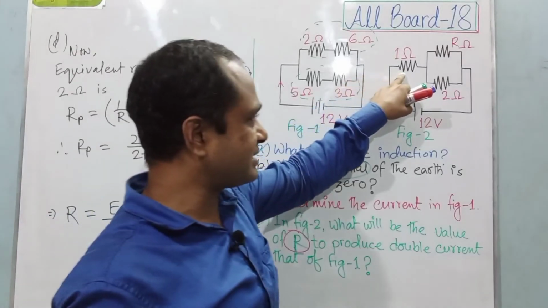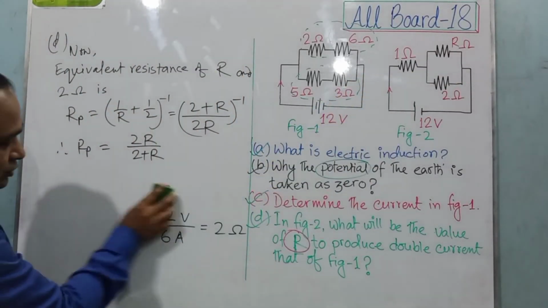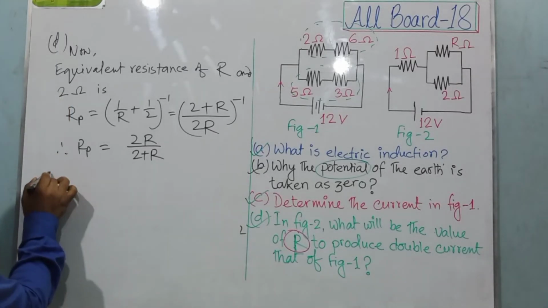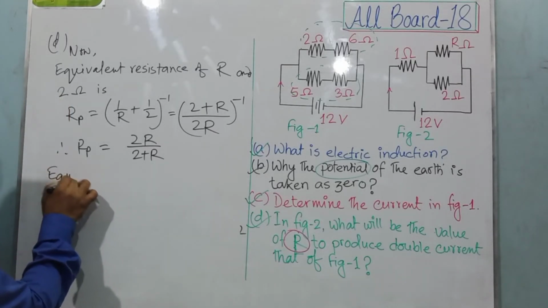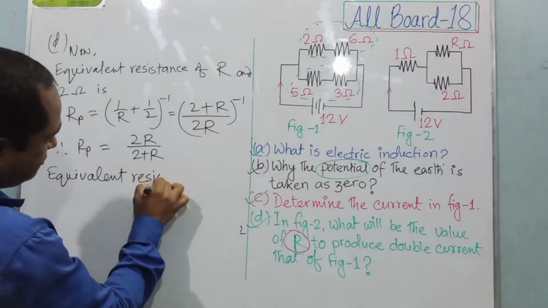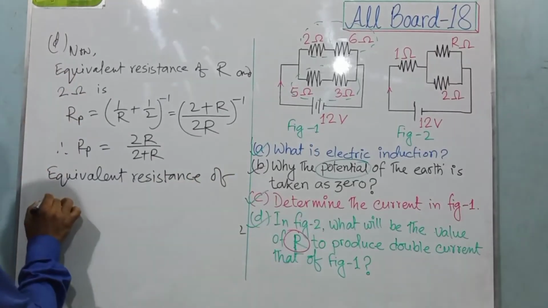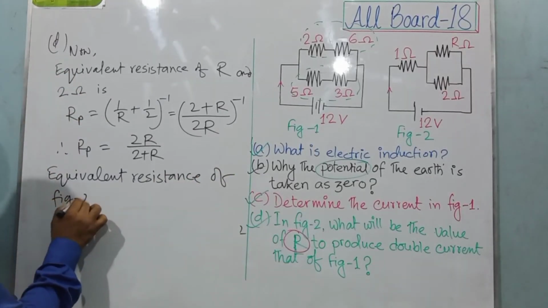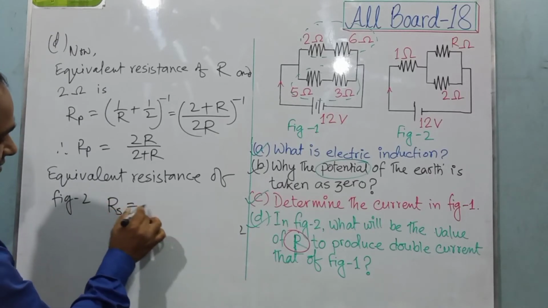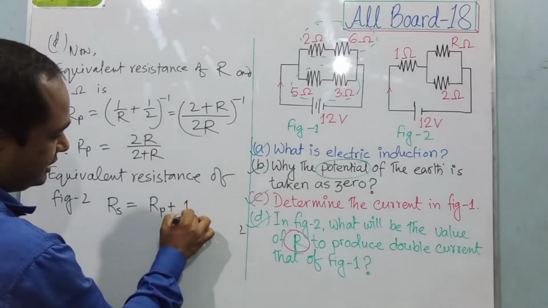Now this 1 ohm is connected in series with the parallel combination. So the total equivalent resistance of figure 2, if denoted by RS, is equal to Rp plus 1 ohm.